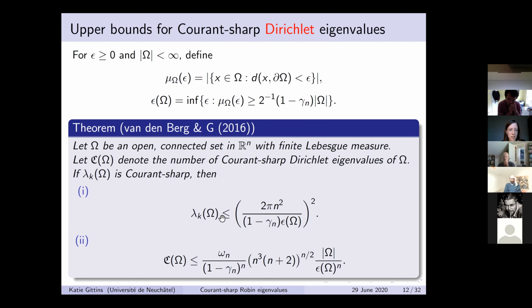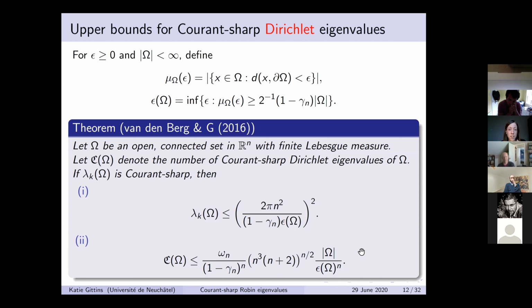They depend on n and on this epsilon_omega. The number of Courant-sharp Dirichlet eigenvalues of omega is bounded by a constant depending only on n, the volume of omega, and epsilon_omega to the power of minus n.